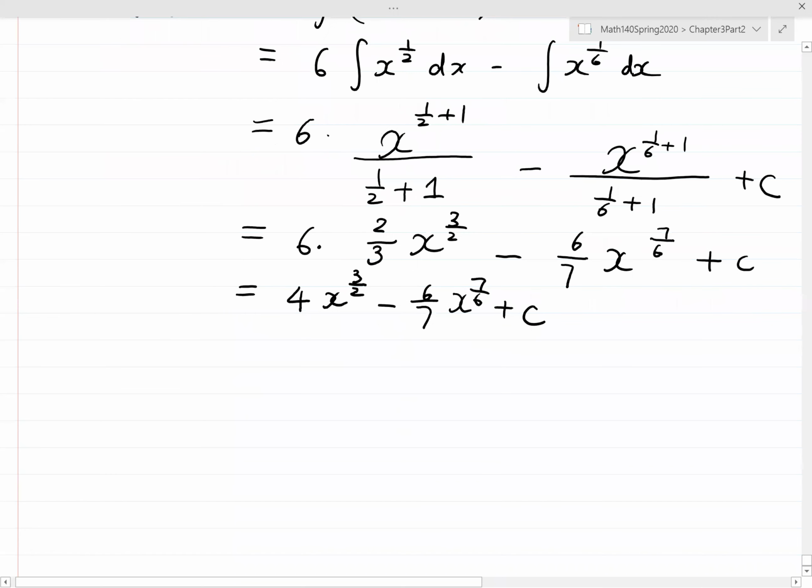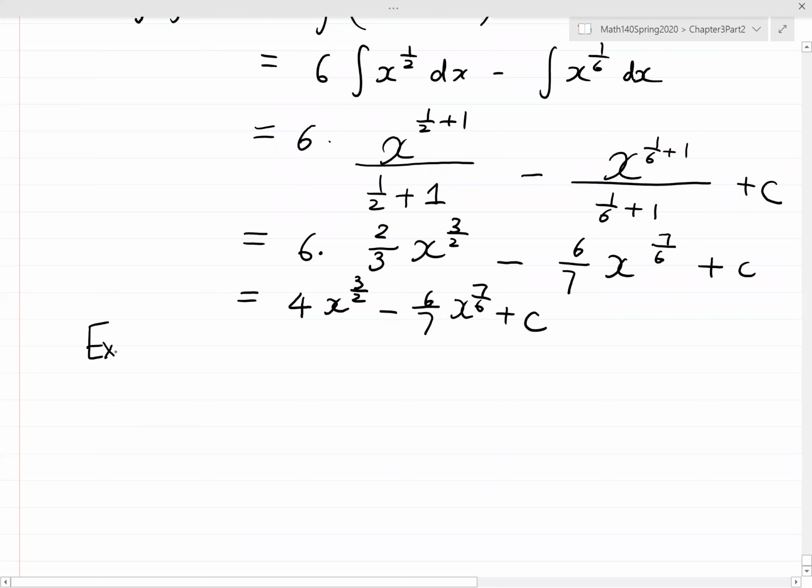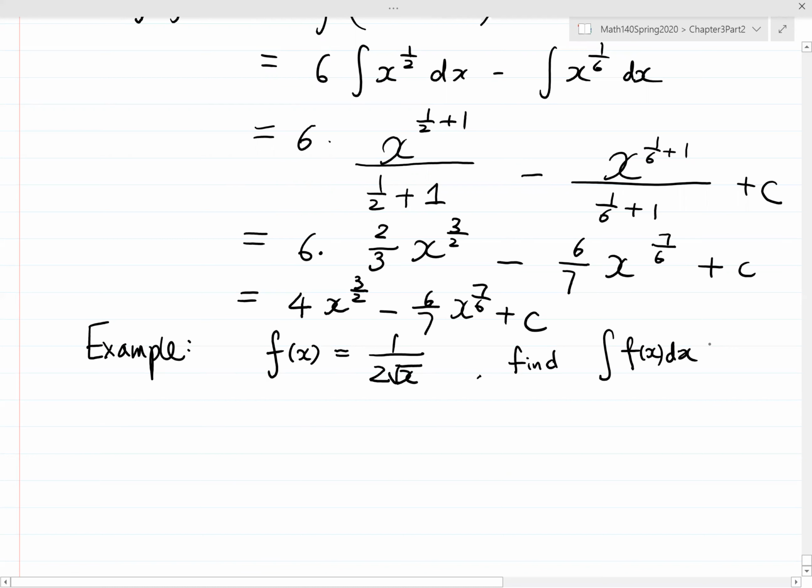Example. f(x) is 1 over twice the square root of x. Find its antiderivative.